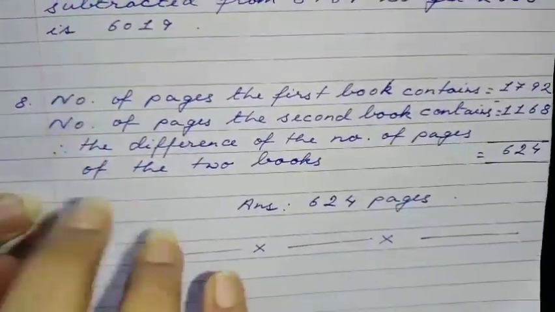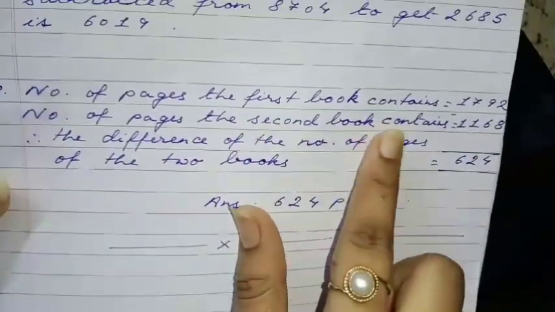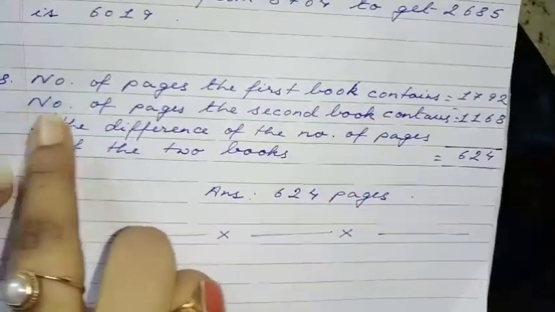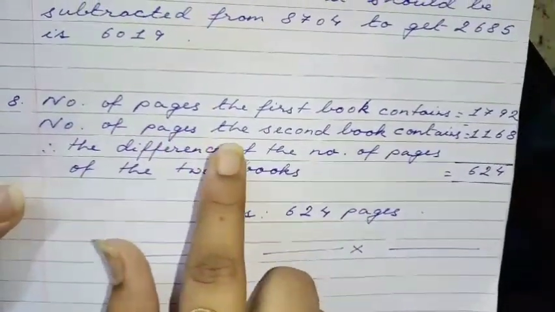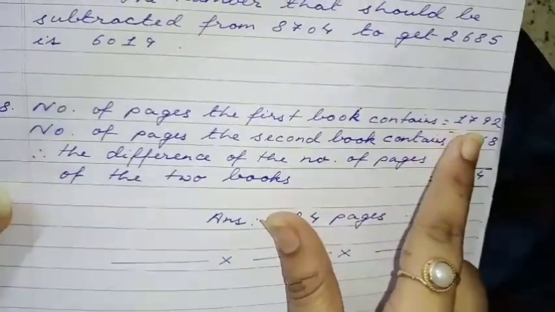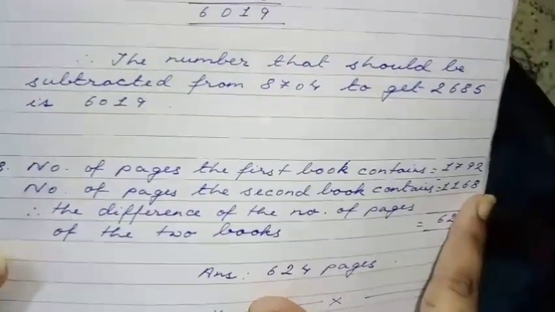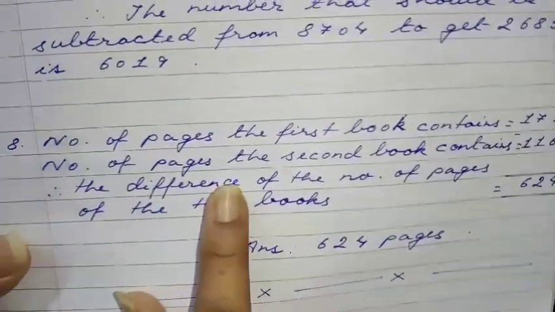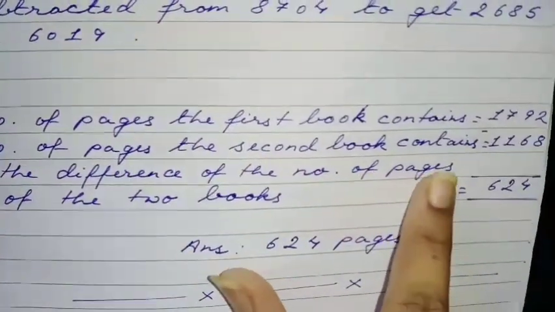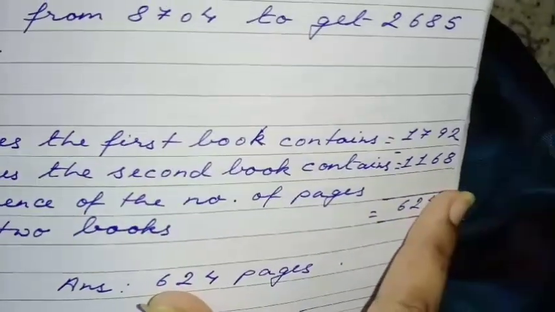Number of pages the first book contains equal to 1792. Number of pages the second book contains equal to 1168.